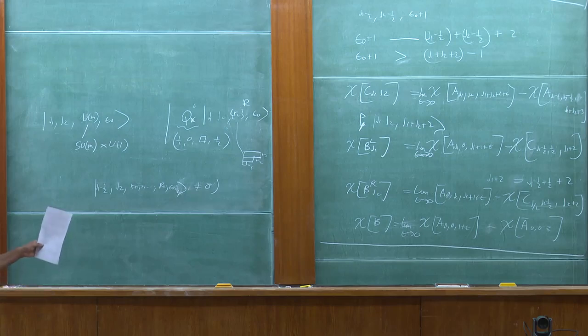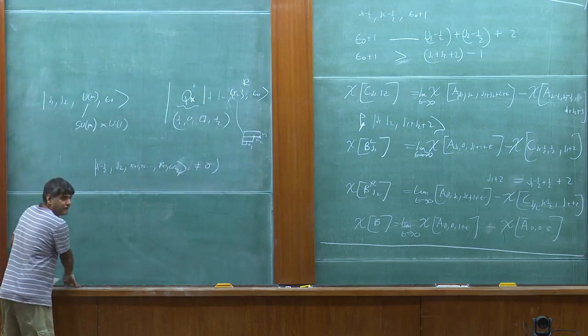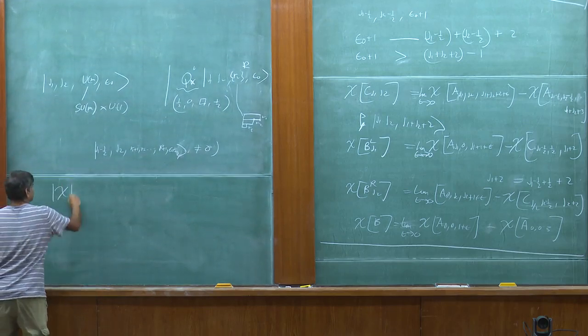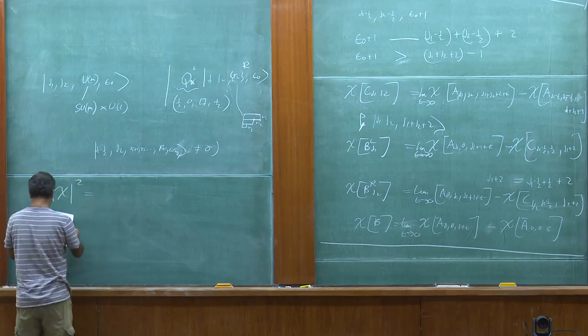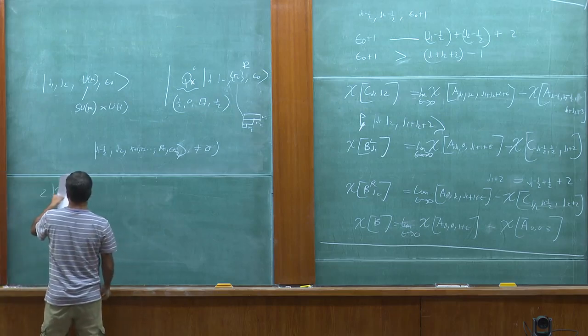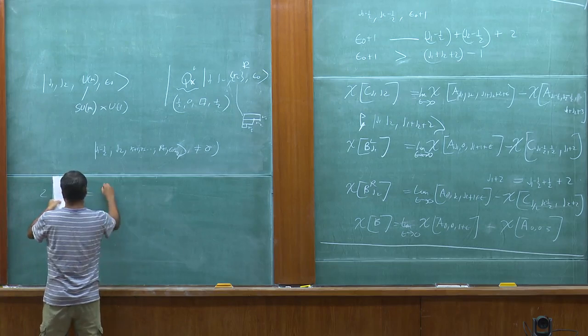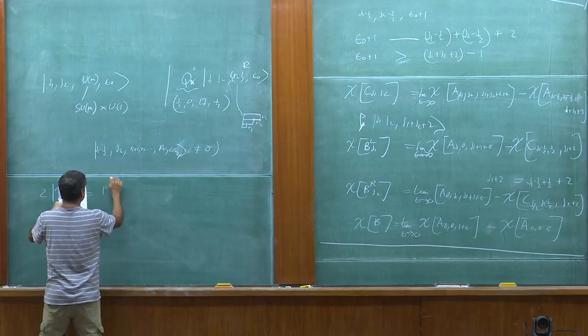Excellent. So now we can work out the norm of this state. Simple calculation. You work out the norm of the state and you find that this is equal to E. I sometimes use E instead of epsilon.